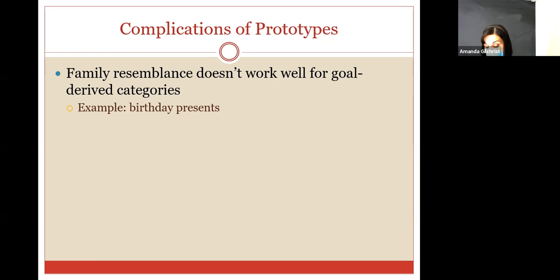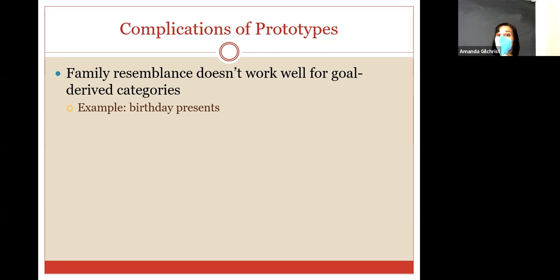Generally, family resemblances don't really predict typicality for these goal-derived categories. Typical members of categories like birthday presents were those best satisfying the goal, providing pleasure to somebody, rather than sharing attributes with other category members.